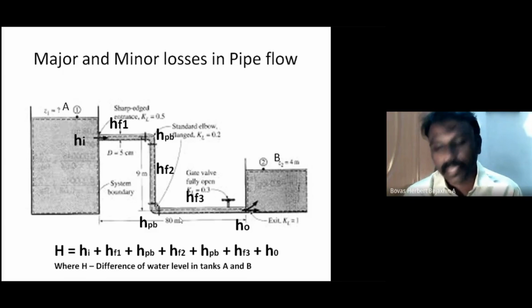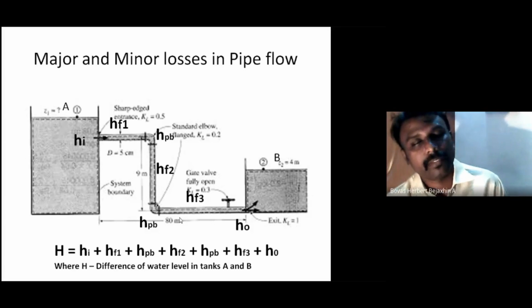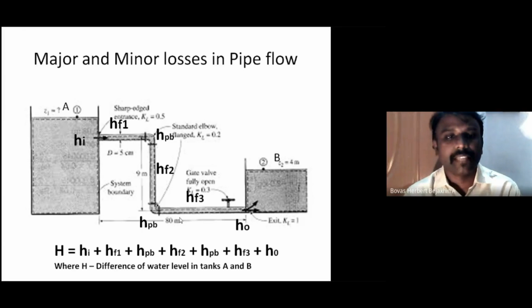How can we calculate the total losses? What's the main equation? Here I mentioned two tanks, A and B, connected with pipelines having joints and horizontal and vertical pipes. See the first loss, the inlet loss Hi, and then the horizontal pipe along the pipeline.